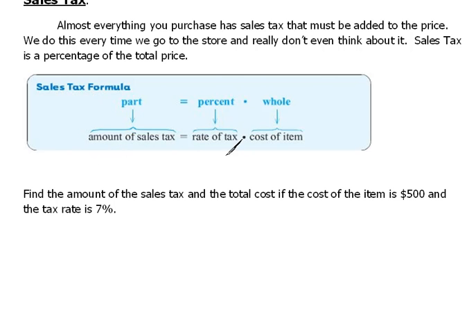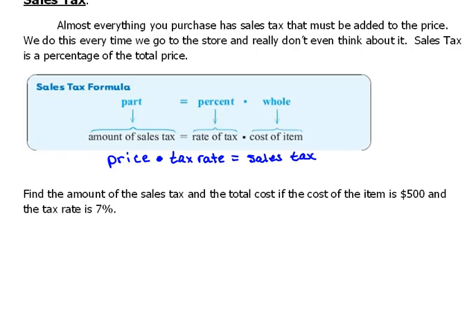For instance, if you go into Walmart or something and you buy something, then you're going to have whatever the price of the item is, you would have to multiply that times the tax rate, and that would equal your sales tax. So, for instance, let's say that somewhere has an 8% sales tax rate, then you're going to pay 8% times the price, and that will be your sales tax.